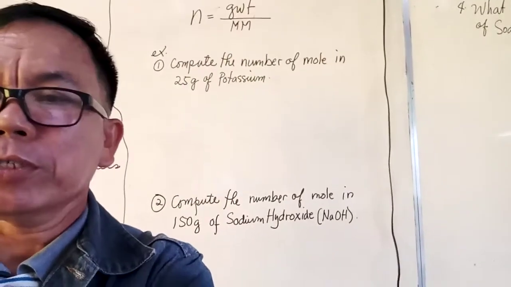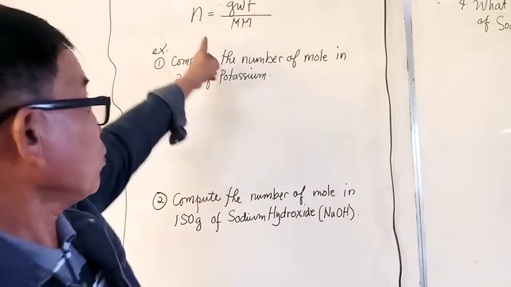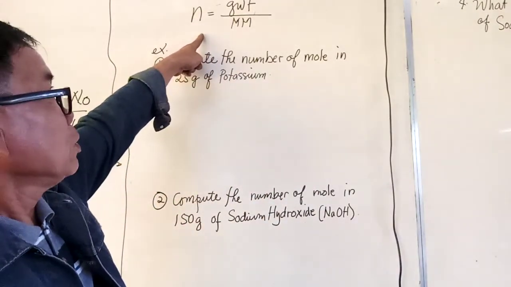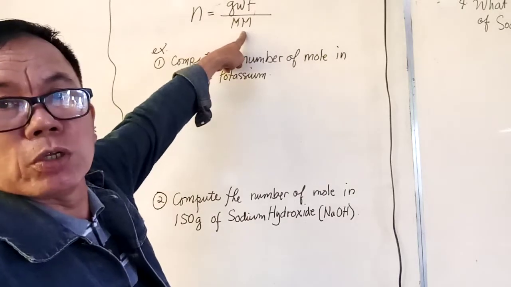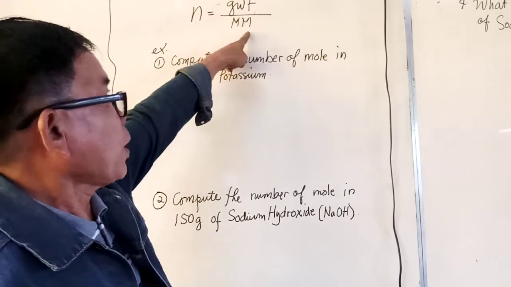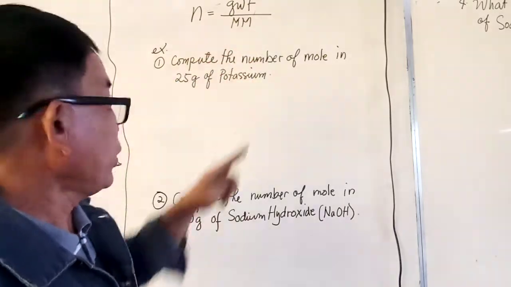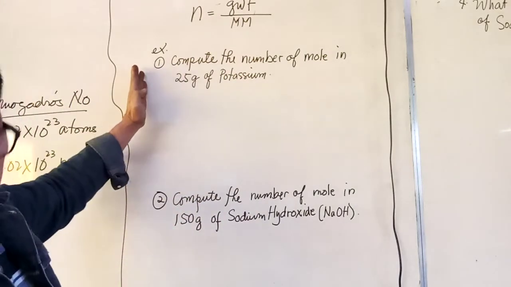We can summarize the formula this way: the number of mole is equal to the given weight, GWT, divided by the molecular weight.